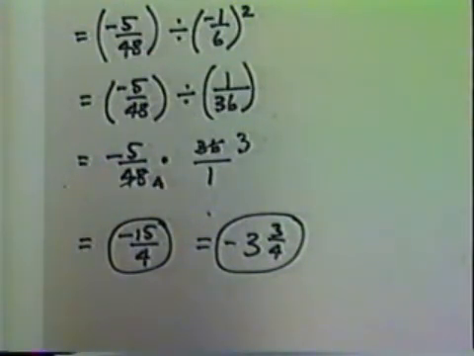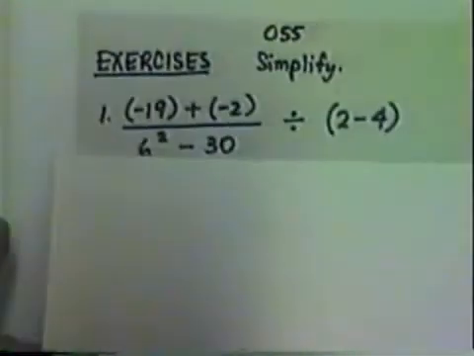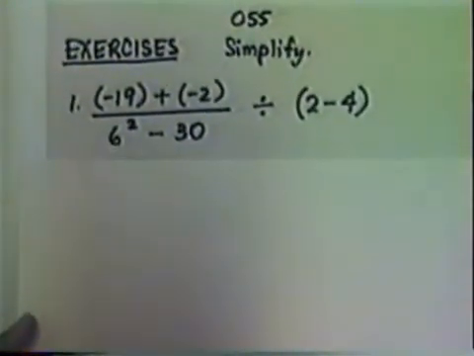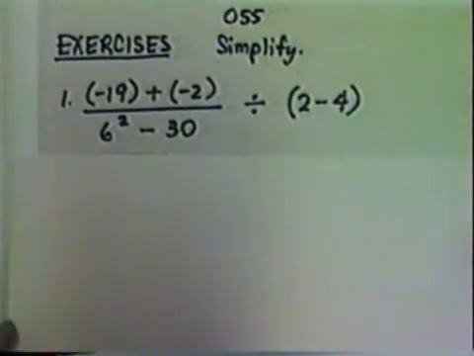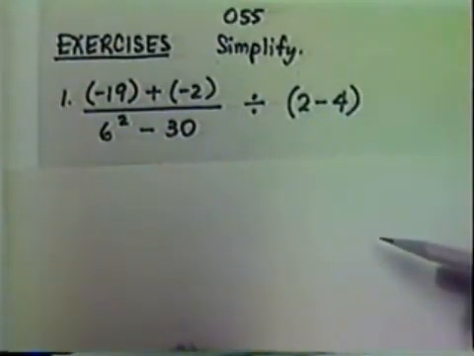Now at last, you're ready to work some exercises. I've given you 4 exercises. The first caution I have is make sure you copy these down correctly. If you make a mistake in copying it down, there's absolutely no way you'll get the right answer. So let me read them out to you, and you copy them absolutely correctly. Exercise number 1.